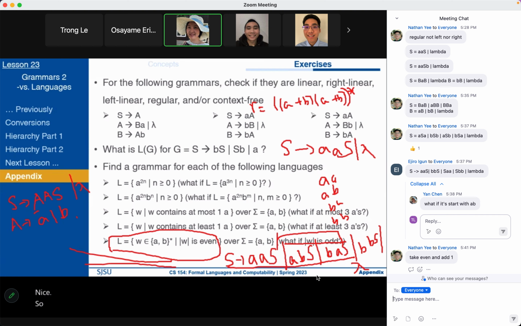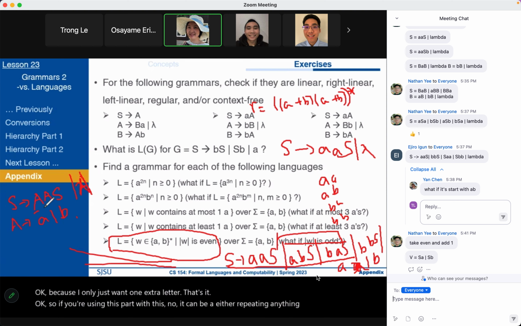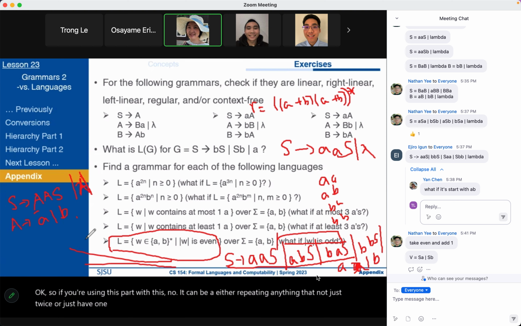So in other words, the last part, instead of being lambda anymore, can be either A or B. Right? We just want one actual letter, so you don't need the S. If you're using this part, it means it can be either repeating anything, like just twice, or just have one A or B.